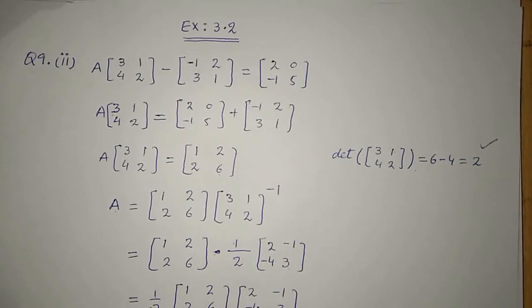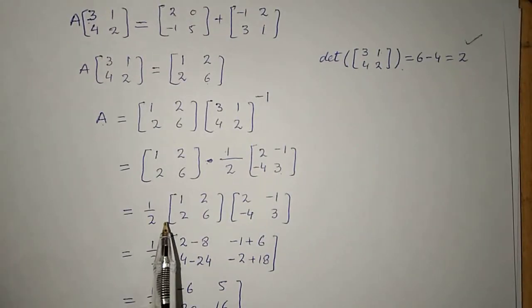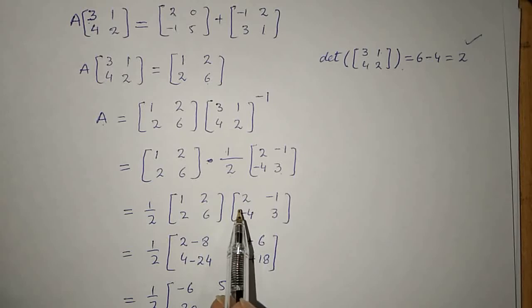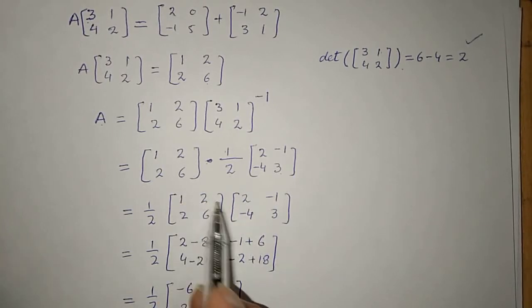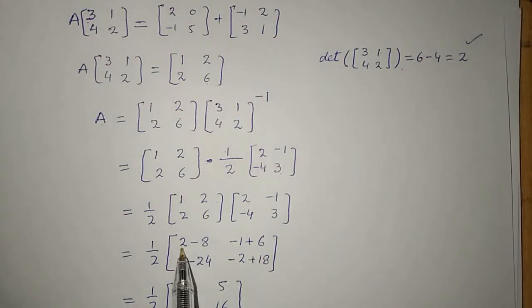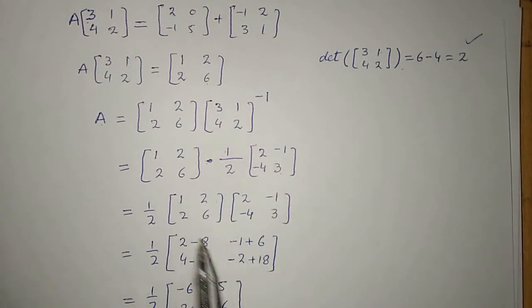1 over 2 is coming to the left, and the two matrices are multiplied. So first row is multiplied with the first column, and first row with the second column.